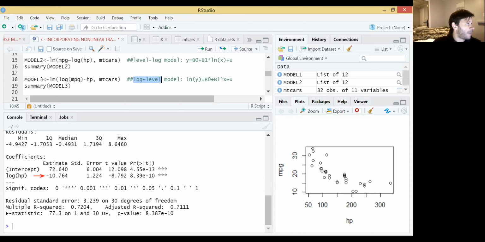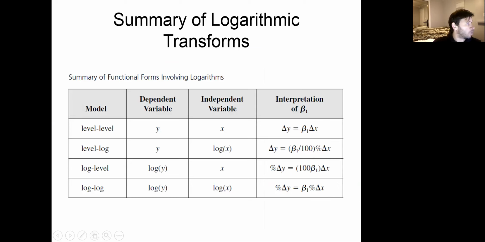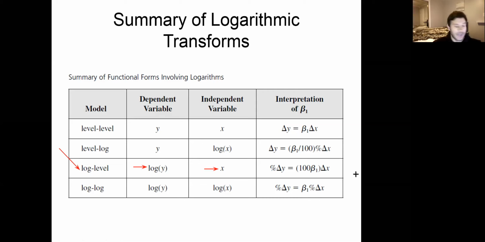So let me just jump back to my table again here so we can look at this case a little bit more closely. We are now in this log level situation where our Y variable is logged on the left, but we have the level of X as our regressor or control variable on the right-hand side.